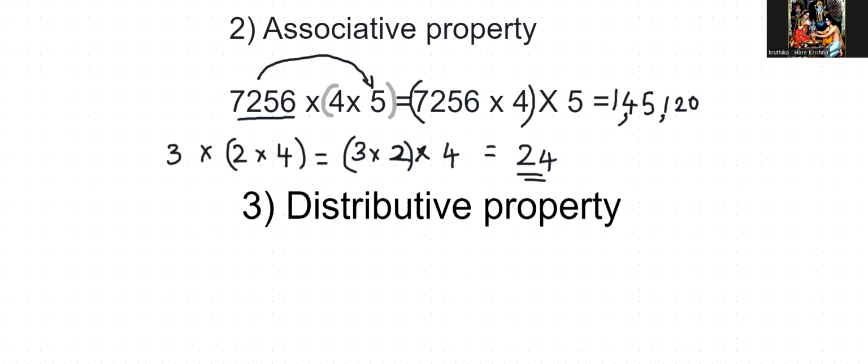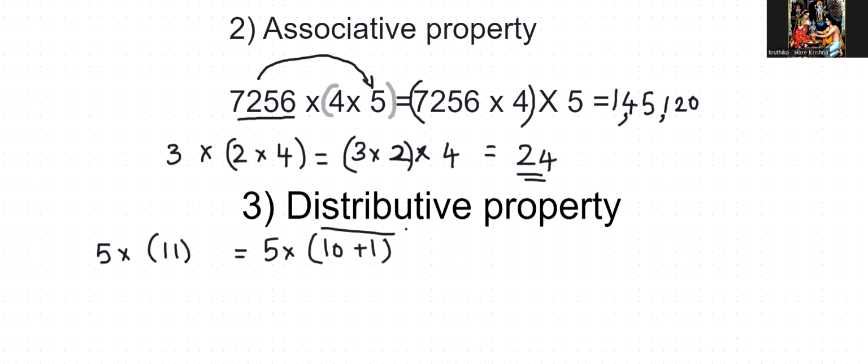The third property is the distributive property. In this distributive property, what we are going to say is when a number has to be multiplied with another number, say for example it's 11, it can be expressed as sum of two numbers, 10 plus 1.